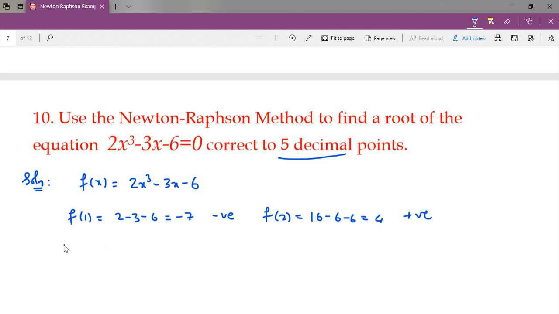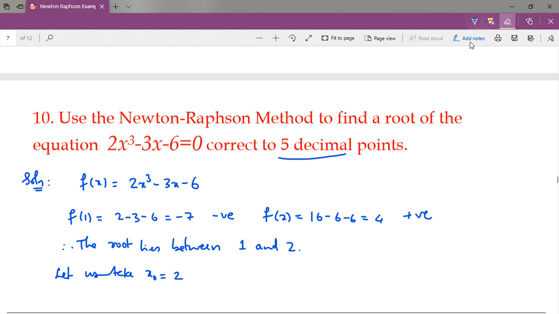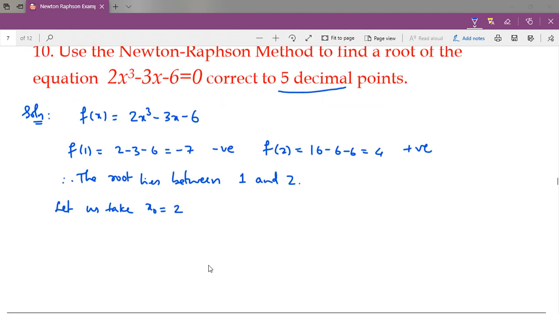Therefore the root lies between 1 and 2. So now let us take x naught as 2.